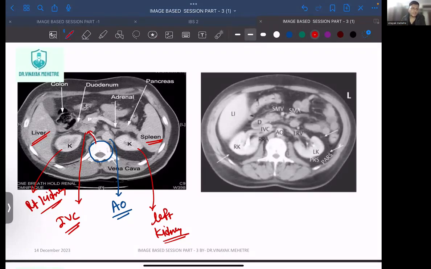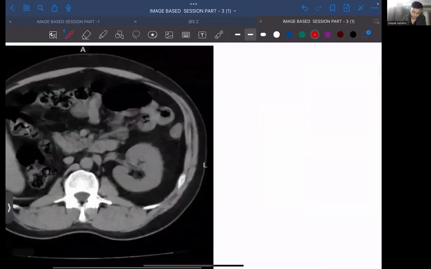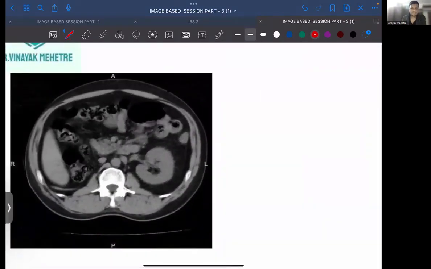Normal anatomical positions on the CT scan are going to be asked. If you were paying attention, now tell me, what is absent? Anyone?